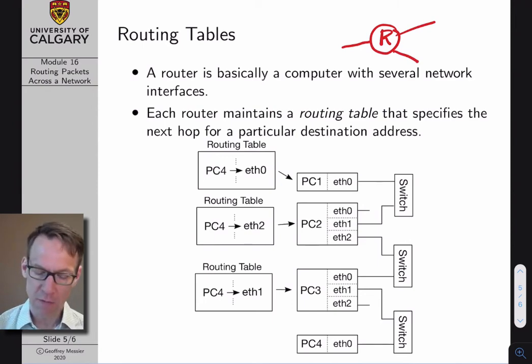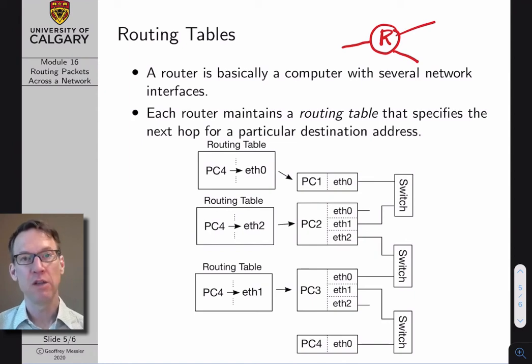And that's kind of what I've shown a little bit in more detail in this slide. So in this case, we have 4 computers, 4 personal computers. Each computer has 1 or more Ethernet cards, and I've used the ETH0, ETH1 convention for referring to Ethernet interfaces, which is kind of the Linux convention, or one of them anyways.